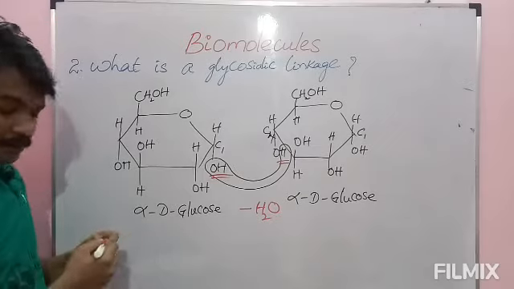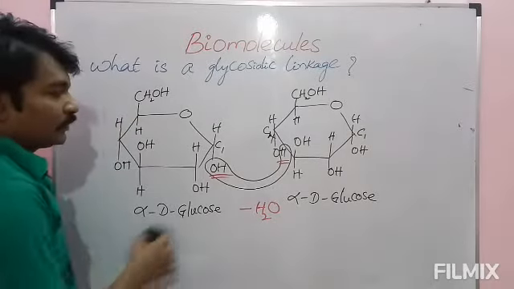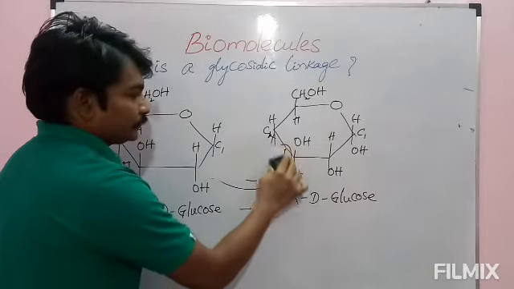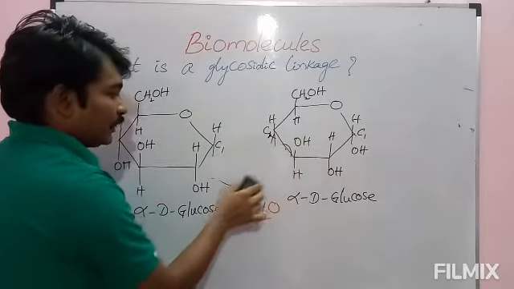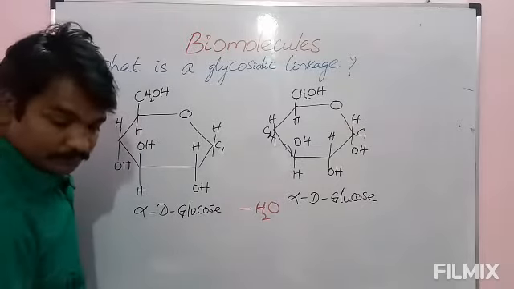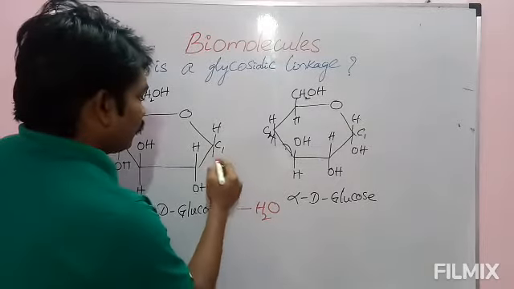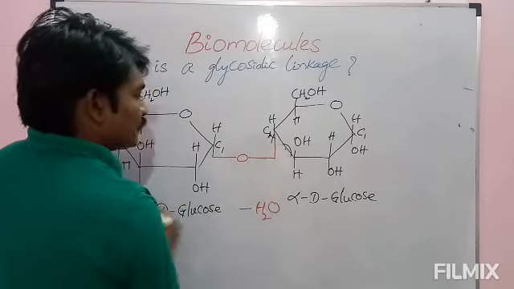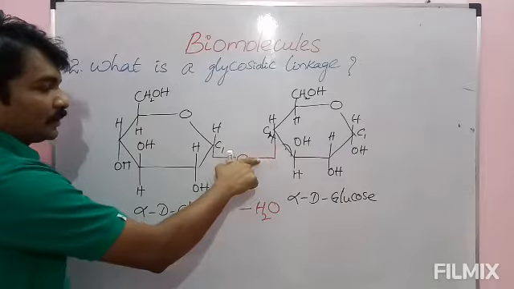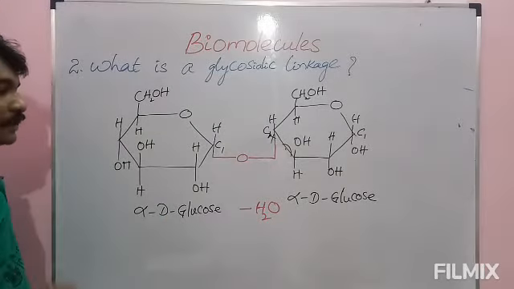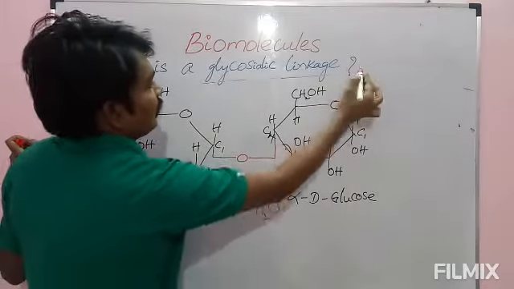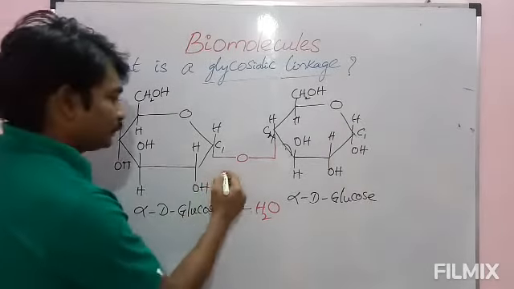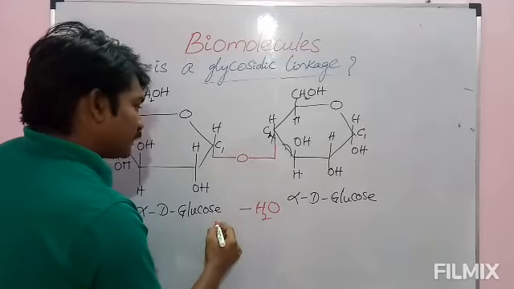The remaining oxygen is here, and now a bond develops here. C1 and C4 are bonded through one oxygen. This bond is called glycosidic linkage between two alpha D-glucose molecules.